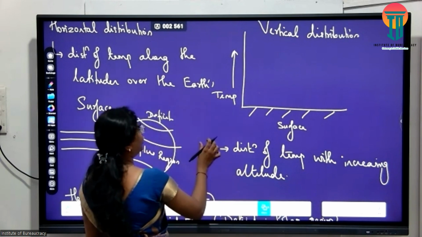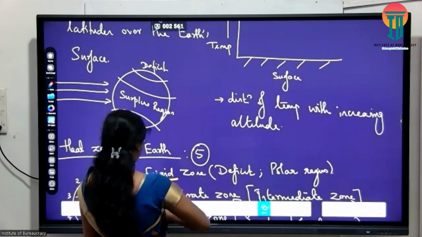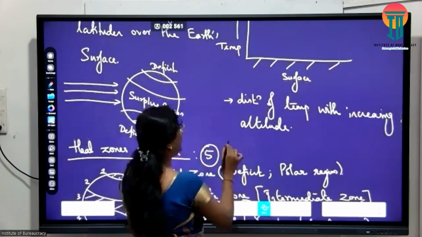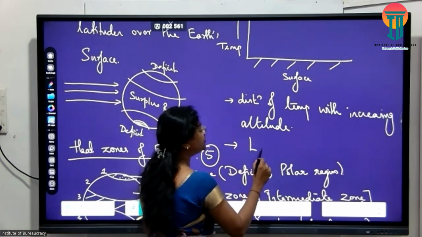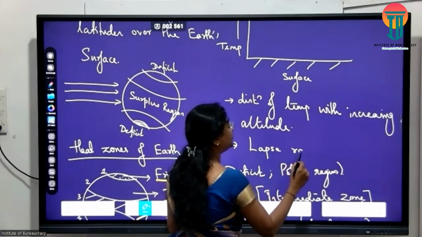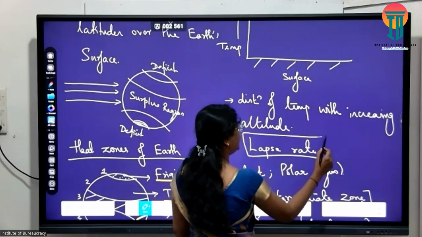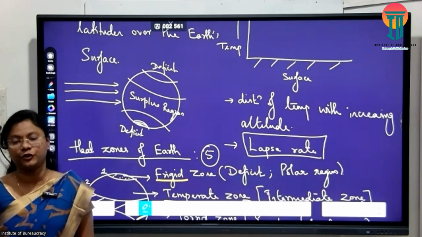And this is known as lapse rate. So heat zones concept horizontal distribution patti padipom. So lapse rate da enna? Lapse rate is nothing but the vertical distribution of temperature with the increasing altitude.